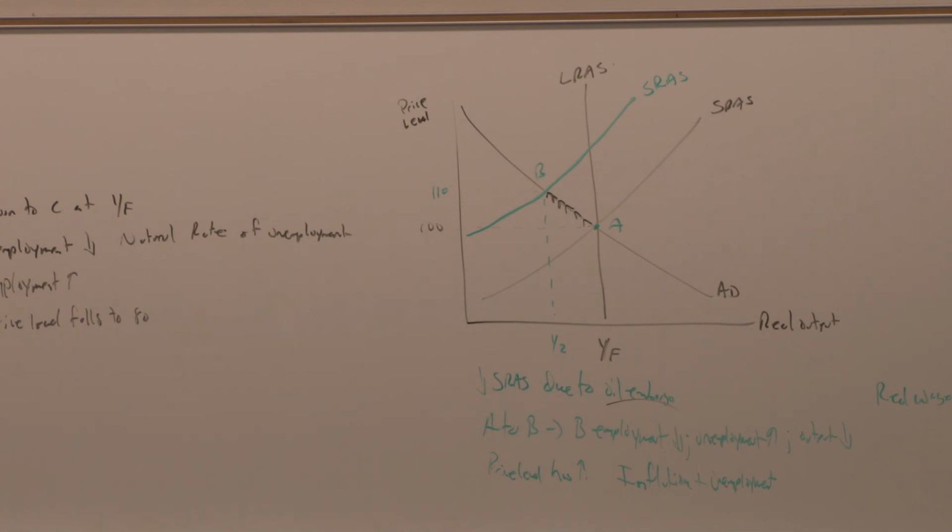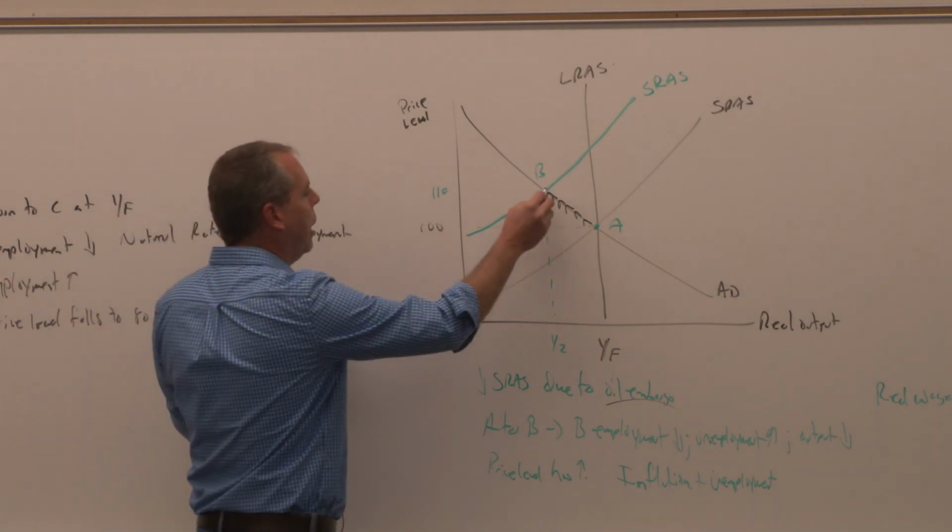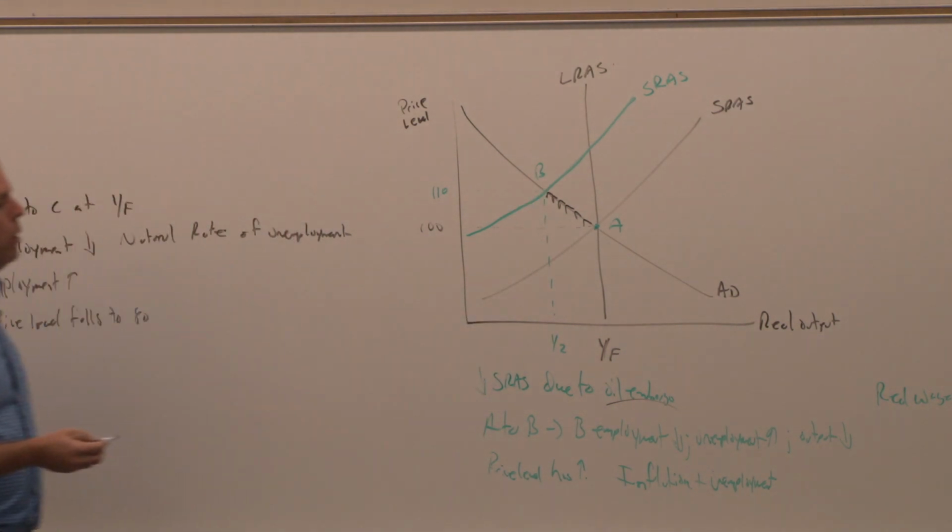Now we'll see when we start talking about fiscal policy that there is a way to change that. We could go from B to some other place. What could we do if we want to return the economy to full employment? What could we change?